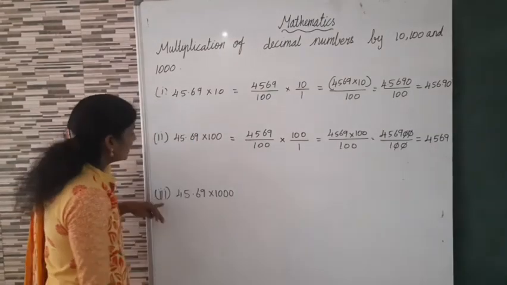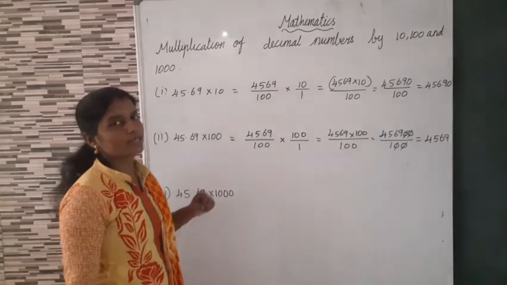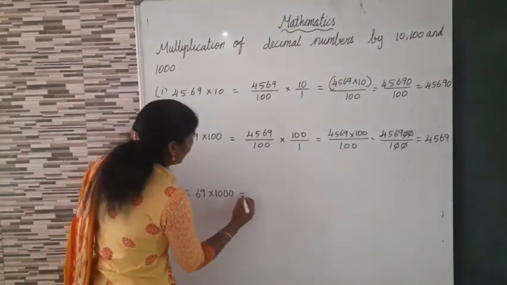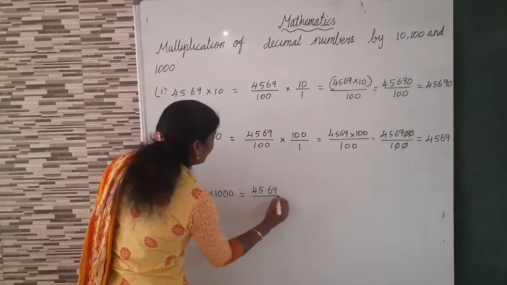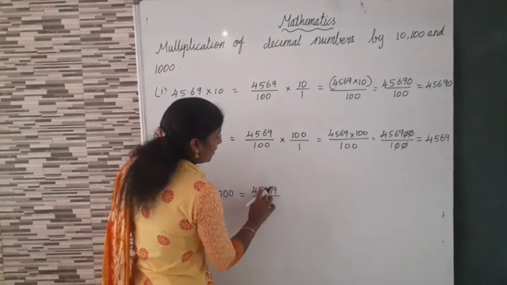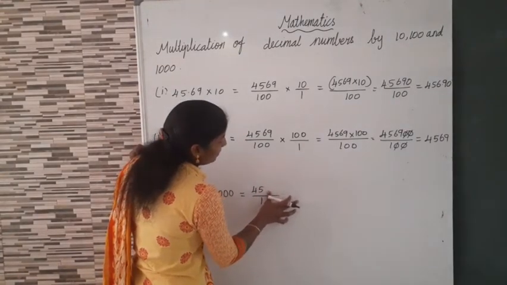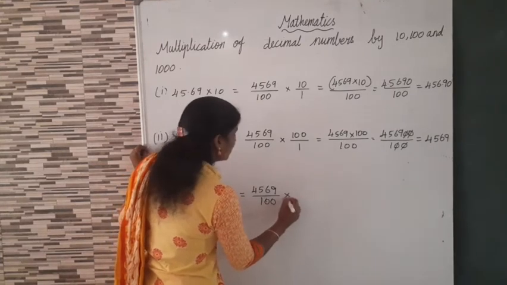Now, third one, 45.69 into 1000. Now listen here, 45.69, what's the fraction form? Divided by 100, isn't it? Here no point, isn't it? Fraction form 4569 divided by 100 into 1000.